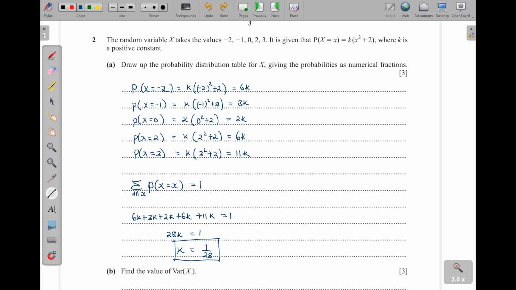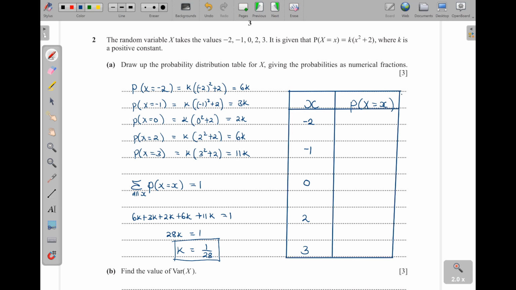Now we can draw our table. So this is the table here. We have x values and then their probabilities, the probability of x equal to x. So the values: we have -2, -1, 0, 2, 3. Then we can put the probabilities.